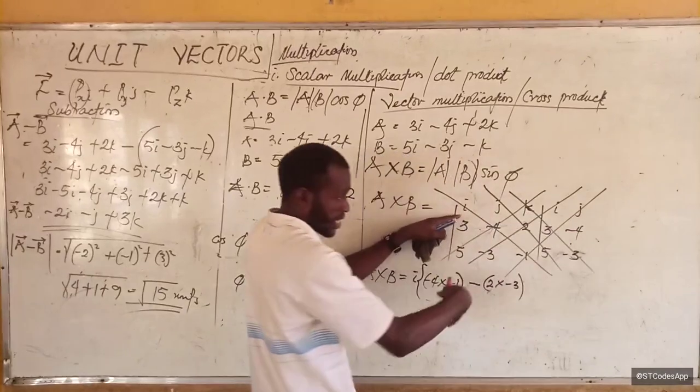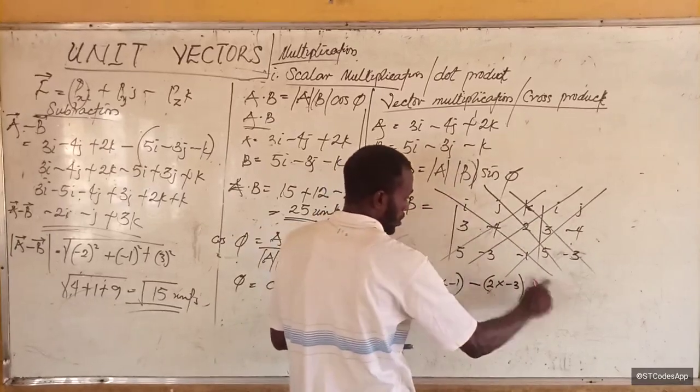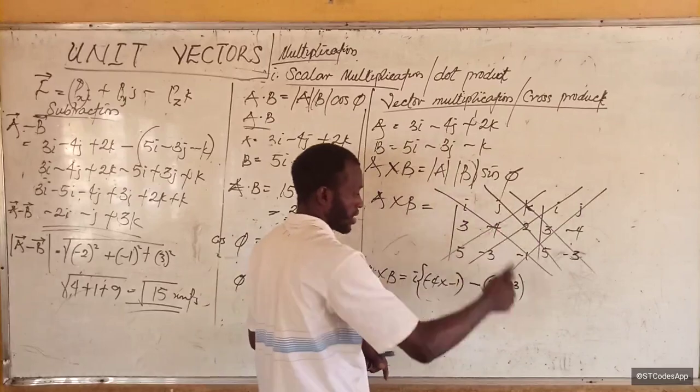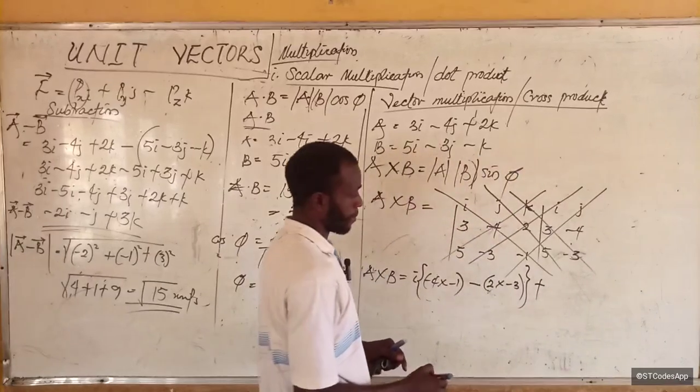Those are the 2 elements in the other diagonal. Notice it's under I, so I go back this direction. Under I go this first direction, then under I go back in this direction. So this will be plus, do you understand?